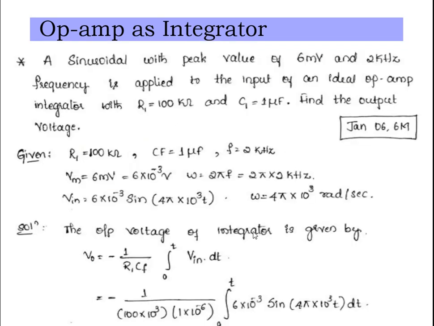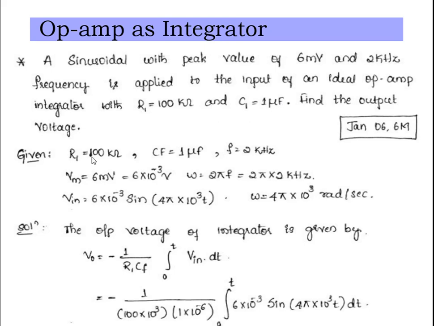So now let us solve one example on an integrator. A sinusoidal signal with a peak value of 6 millivolt and 2 kilohertz frequency is applied to the input of an ideal op-amp integrator with R1 equal to 100 kilo ohms and C1 equal to 1 microfarad. Find the output voltage.